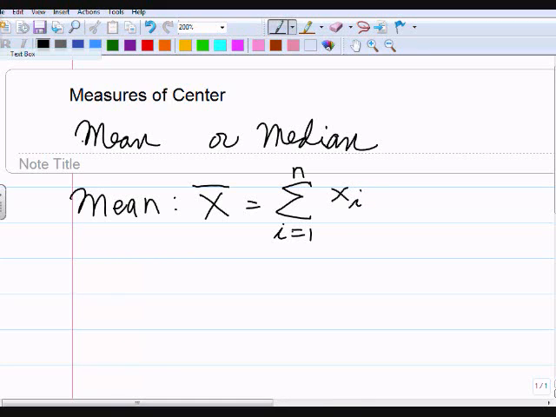So now I've summed them, and now I divide by how many numbers are in that data set. Divide by n.